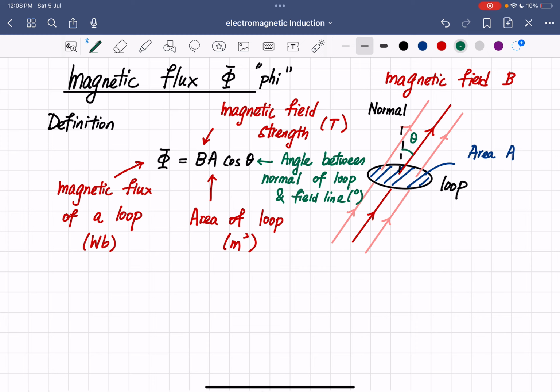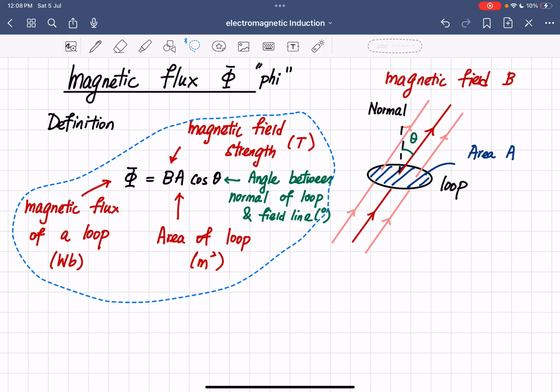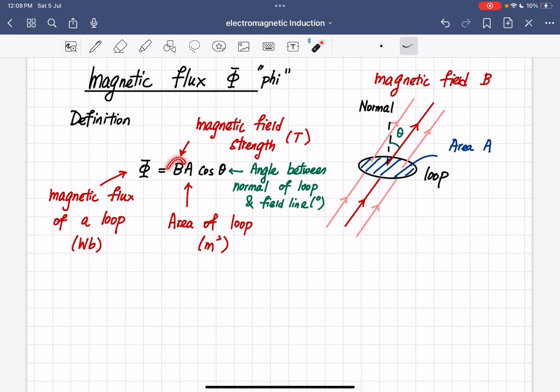So let's study this definition a bit so that we can develop an intuitive understanding of what it is about. First of all, we immediately see that if I have a stronger magnetic field, then I will have a larger magnetic flux. Or if you have a larger area, then we have a larger magnetic flux as well.